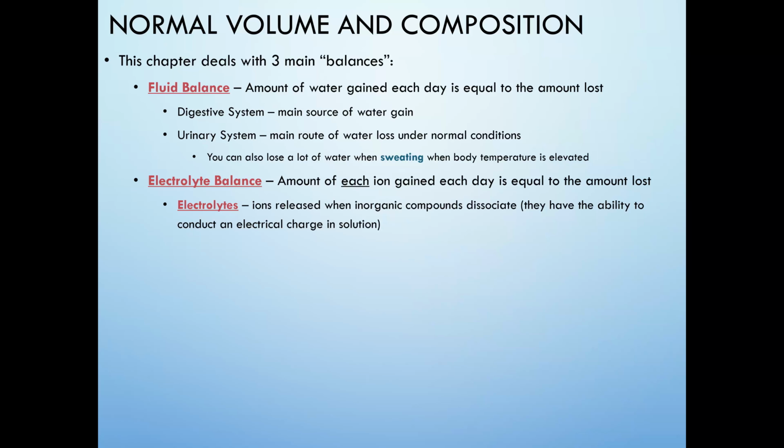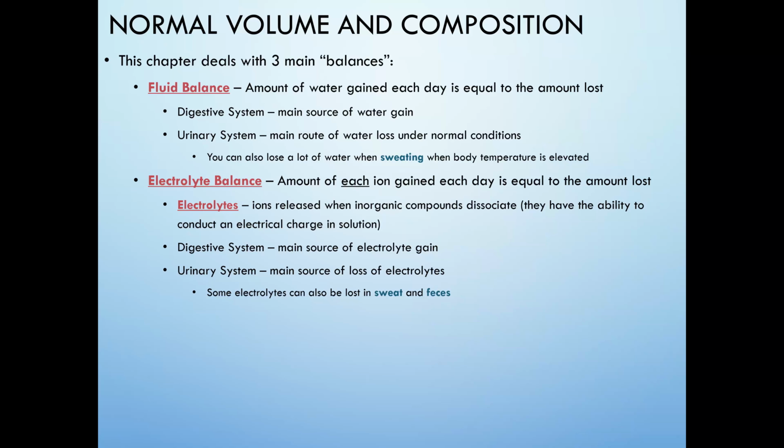Electrolytes are things like potassium ions, sodium ions, and chloride ions, and other ions that have an electrical charge. The digestive system is our main source of electrolyte gain. Our urinary system is the main source of loss of electrolytes. Some electrolytes can also be lost in sweat and feces, but this amount is very small.